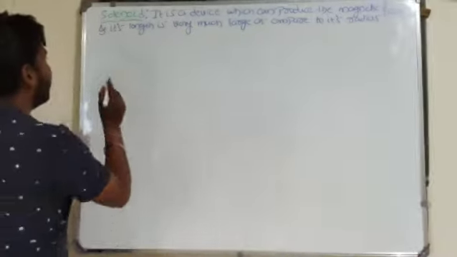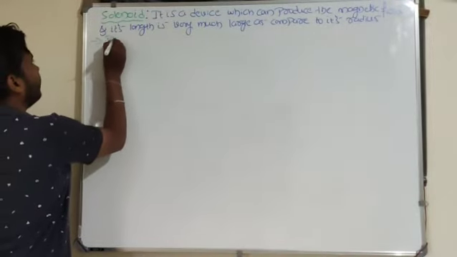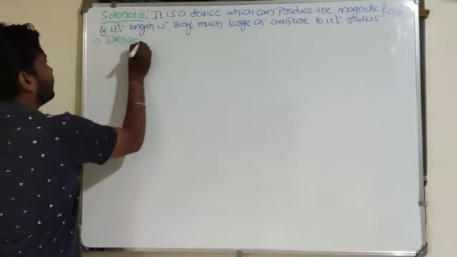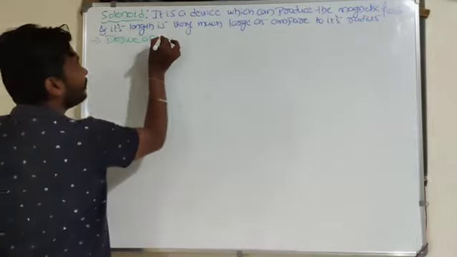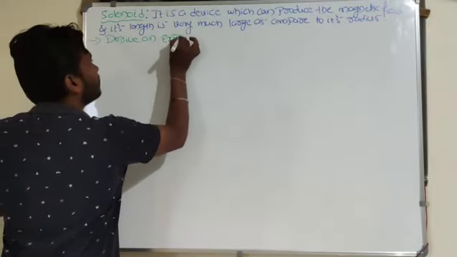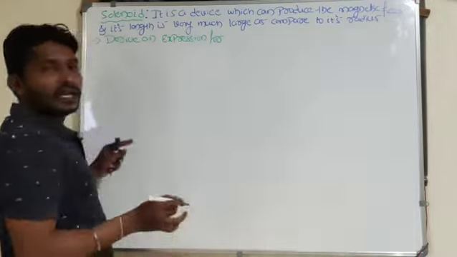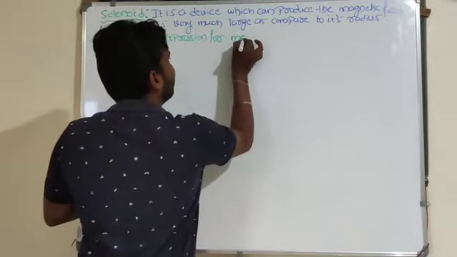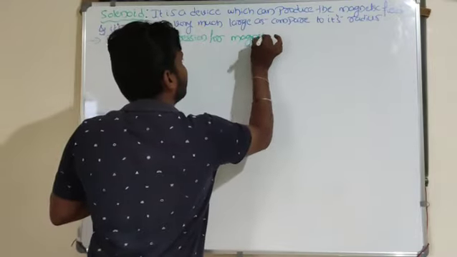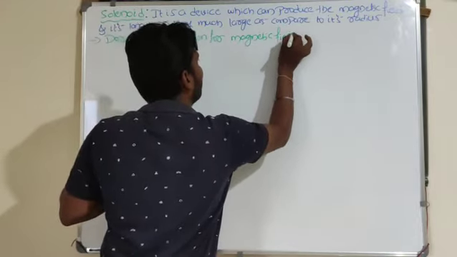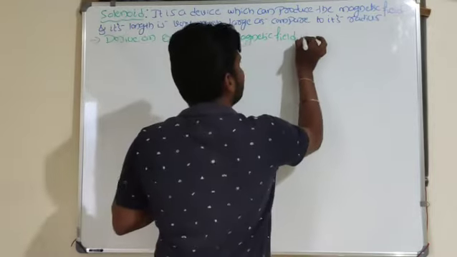So the question they may ask is: derive an expression for the magnetic field inside the solenoid.